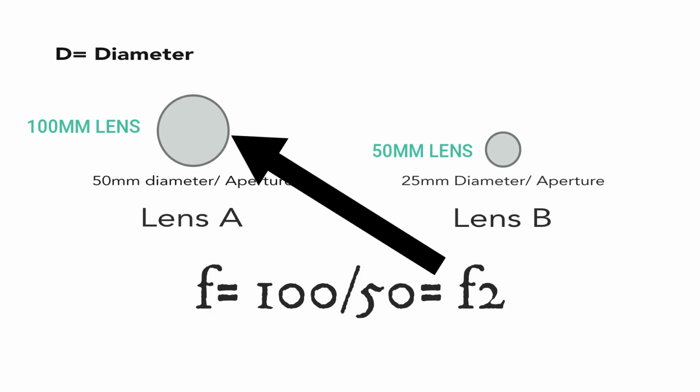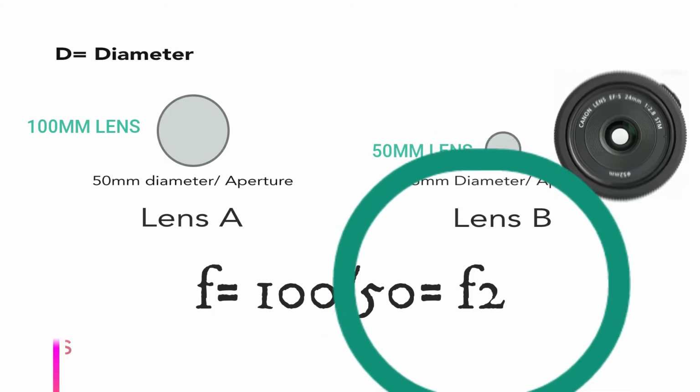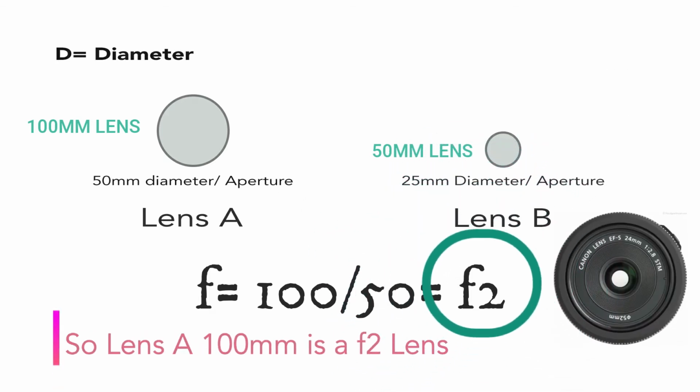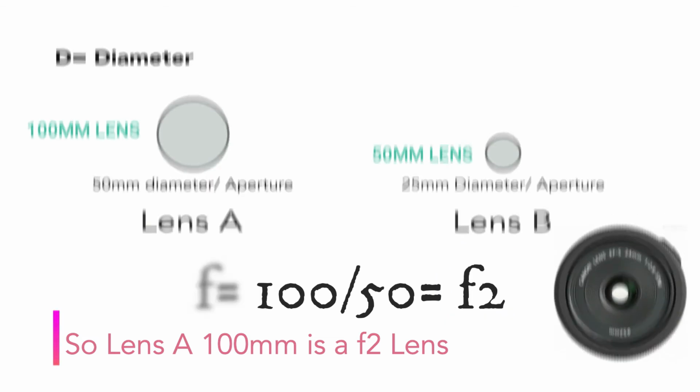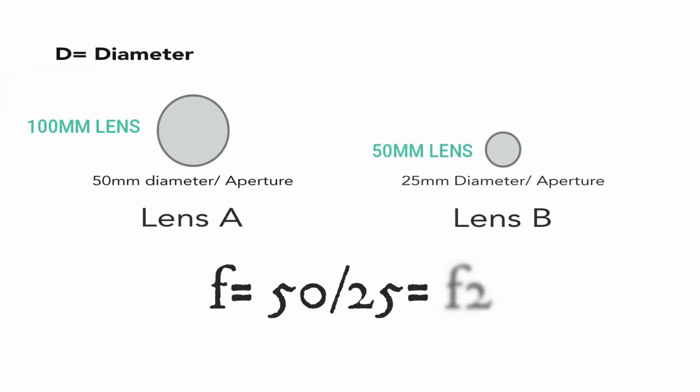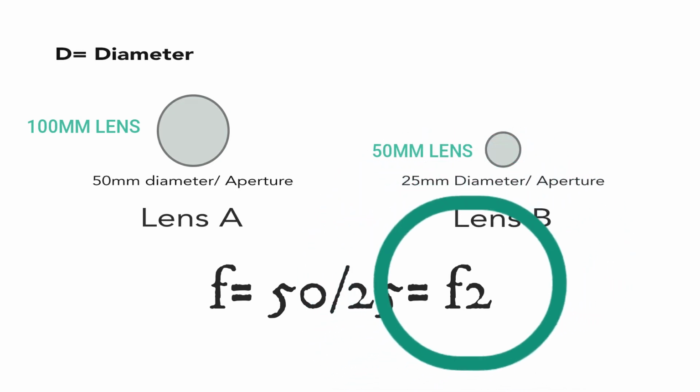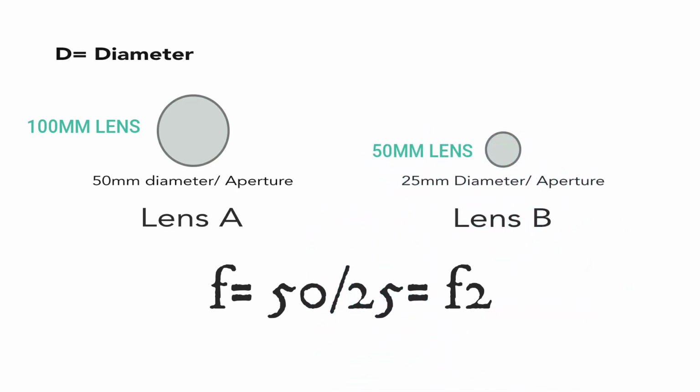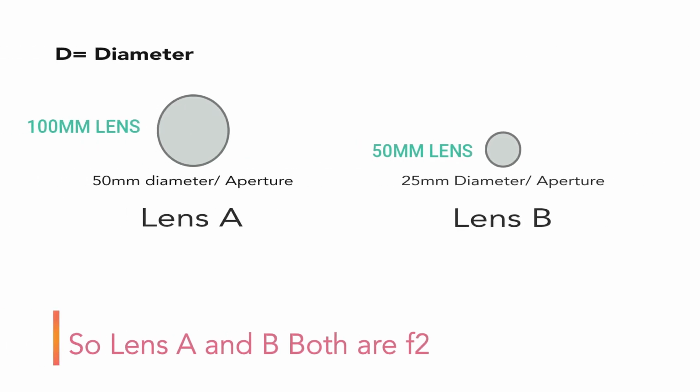N is used to denote the value of aperture ratio, and this formula is the standard system of calculating f-numbers of a lens. Now similarly, the 50 mm lens has an effective aperture diameter of 25 mm, so it would provide an f-ratio of 2 as well.